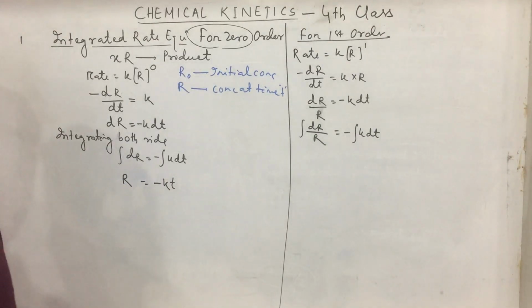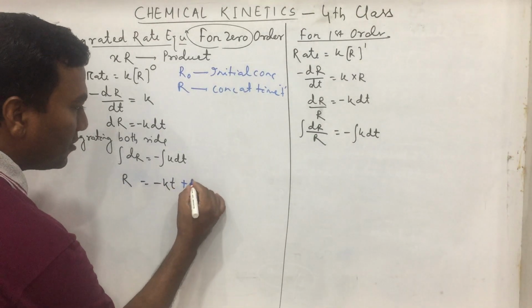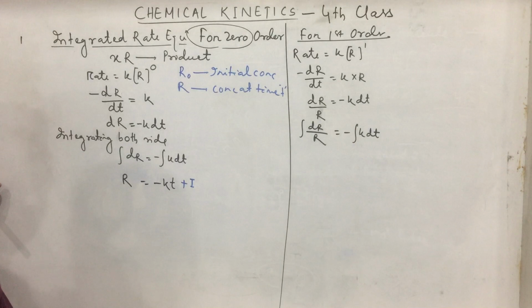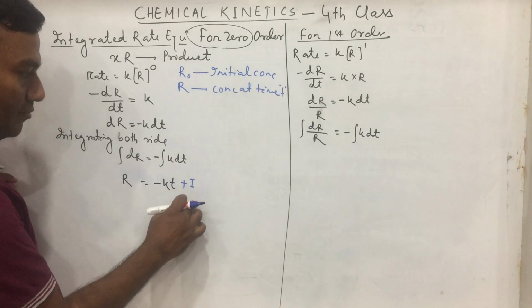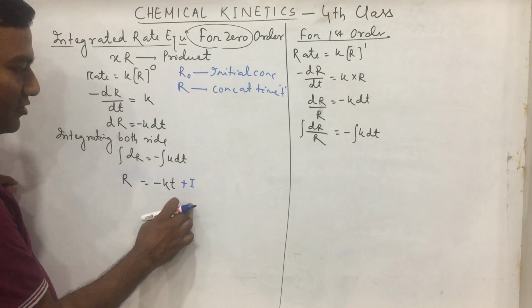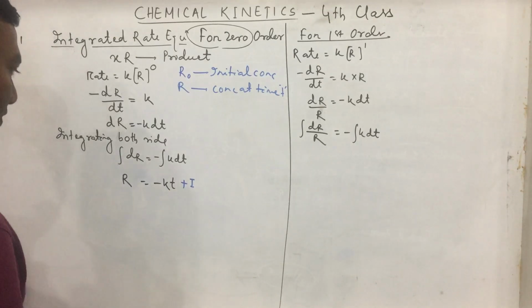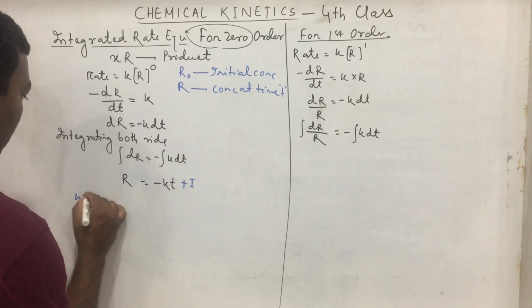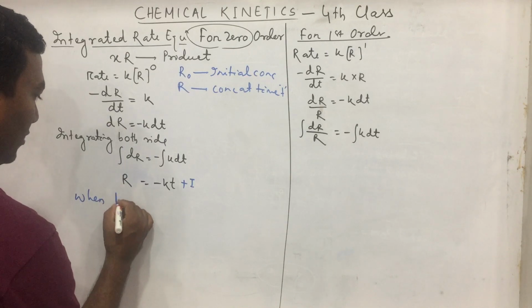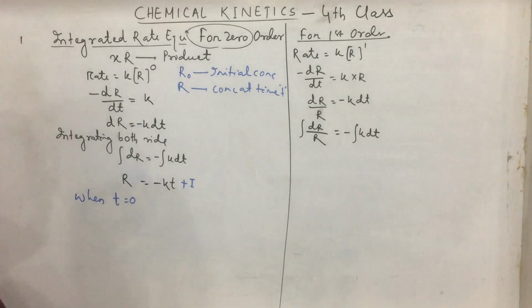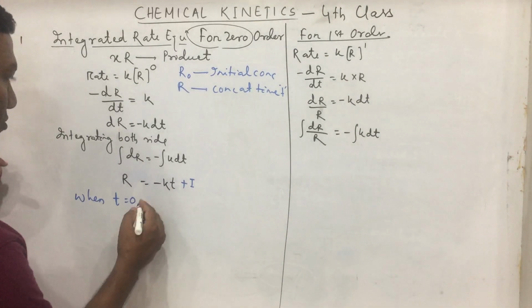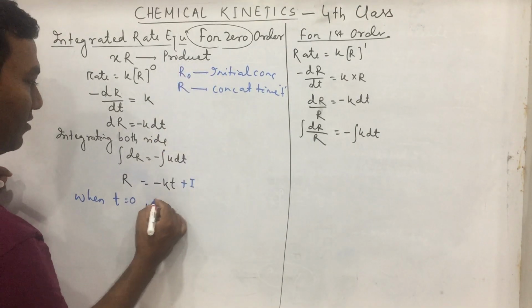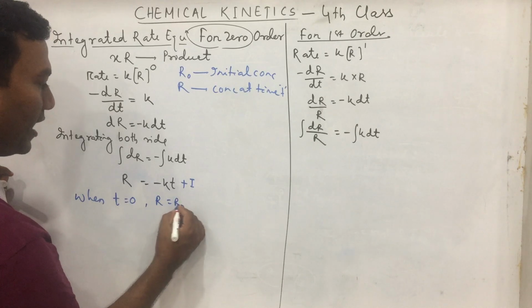So R equals minus Kt plus some integration constant I. Normally we take the integration constant as C, but in chemistry C is for concentration, that's why I am taking I. Now when t equals 0, that means when the reaction has not started, R becomes R naught. So R equals R naught.